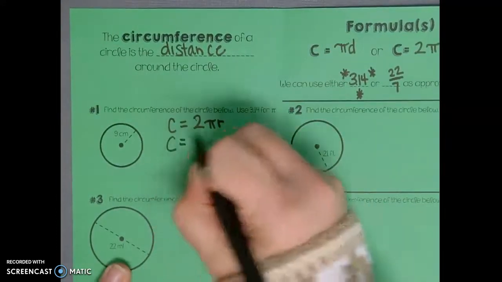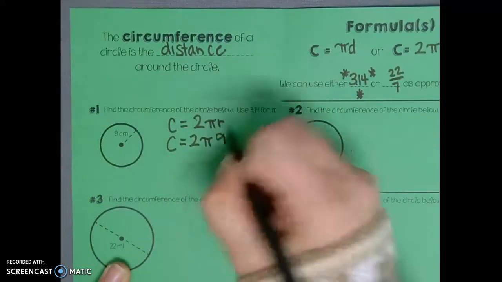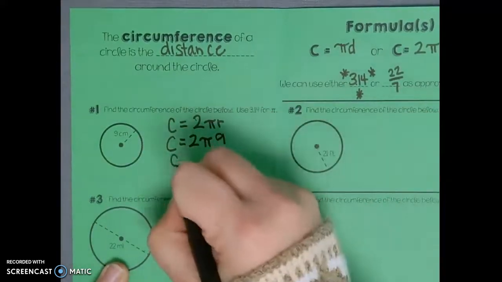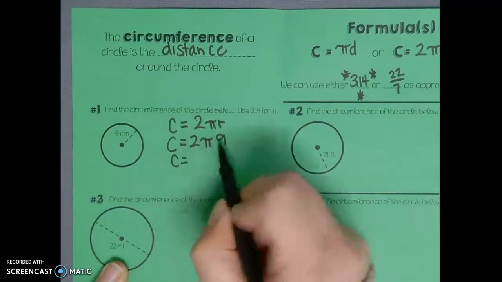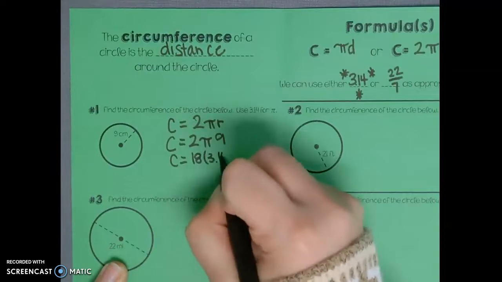So let's talk about what we know. 2 pi times the radius of 9. Okay, so I have circumference equals 2 times 9 is 18 times pi, which is 3.14.